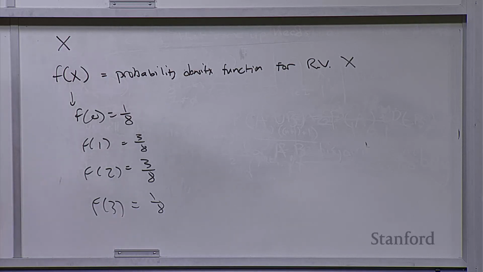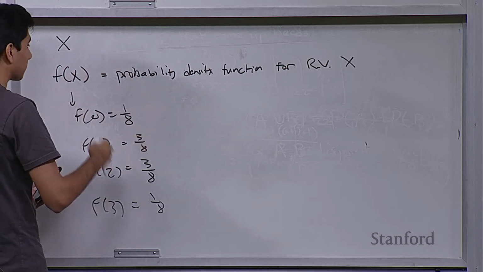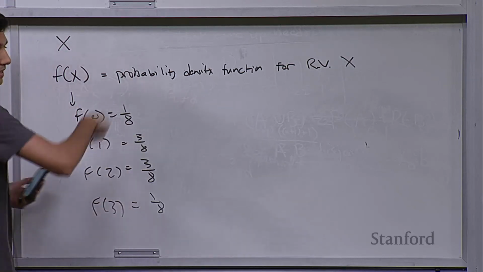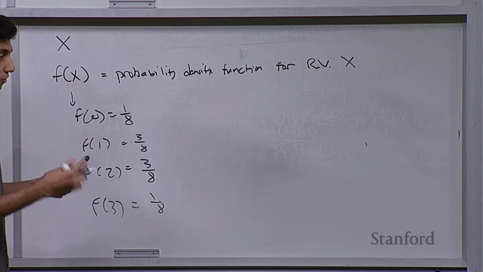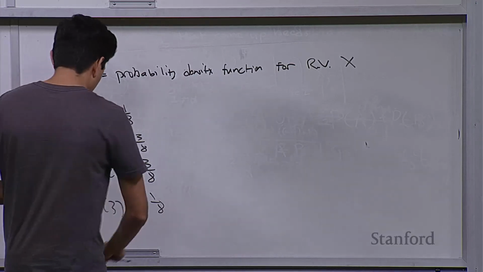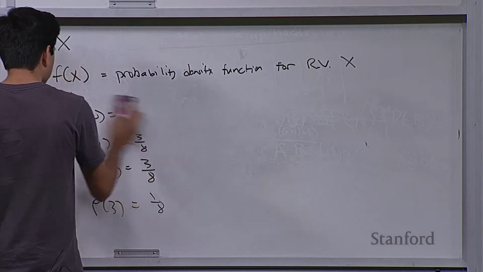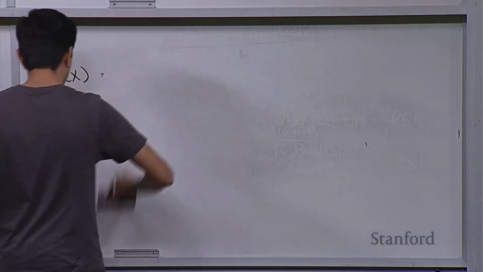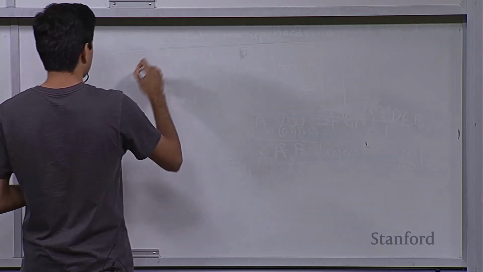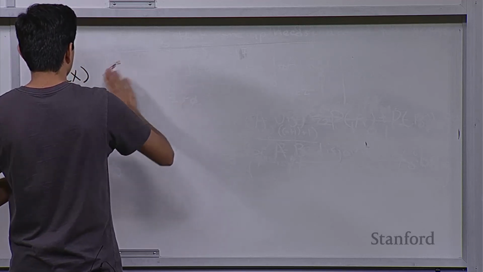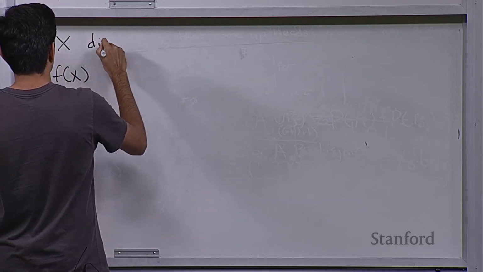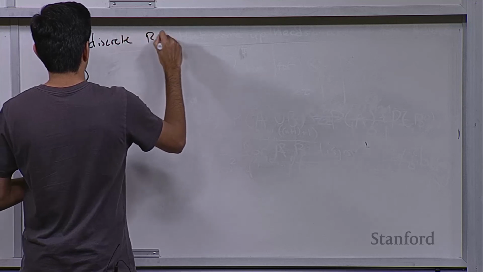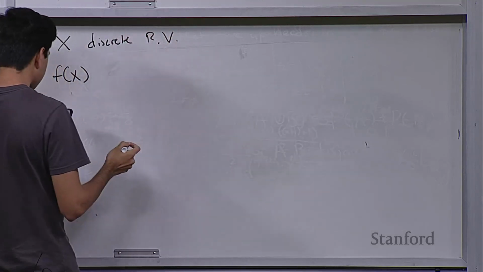Does that make sense? The analogous function for a continuous random variable is the probability density function, and this would be some sort of continuous distribution over the possible outputs it can take. And a PDF and PMF both must satisfy certain properties. In particular, for a discrete random variable x, we must have the following things.